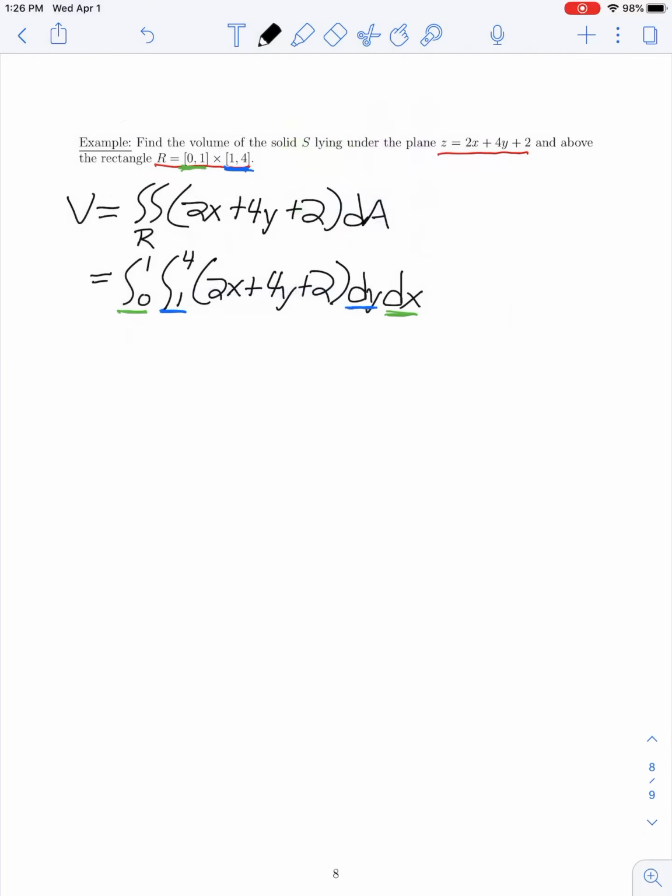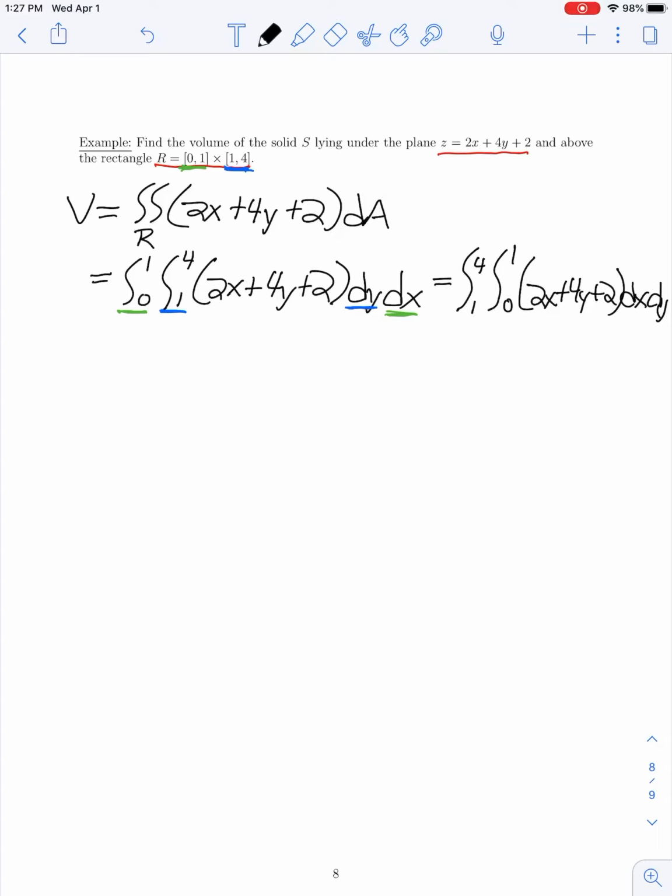And then with respect to x, our outer integral would have the x limits of integration from 0 to 1. Or if we wanted to, we could reverse that order of integration and go from 1 to 4 and 0 to 1 of 2x plus 4y plus 2 in the order dx dy.